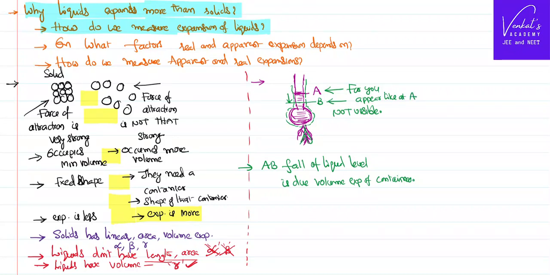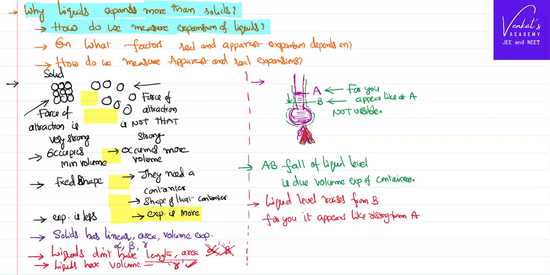Now you assume that you are supplying the heat further. You have heated it further. Now the liquid level rises. The liquid level rises from B. But for you, it appears like rising from A, because falling from A to B is not visible for you.